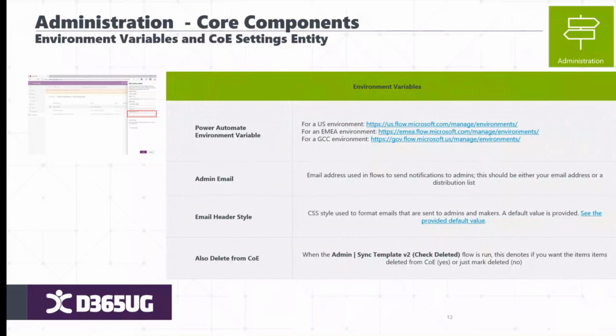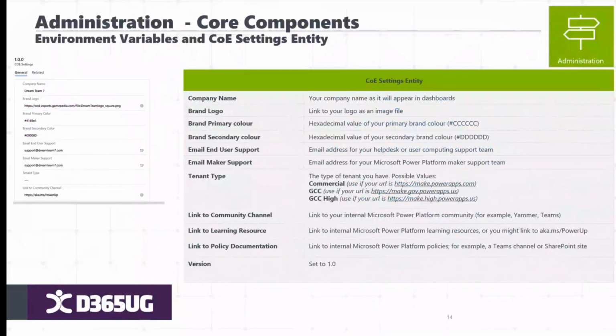If you configure this as no, then any of the apps or flows that will be archived, and I'll come to archival in a minute, but there are certain criteria that you can define which say that this app or this flow is not being used. So it becomes a candidate that can be deleted or archived. With this flag you can say whether it needs to be deleted, or it is just flagged as an archived app and then moved to the SharePoint library for archival.